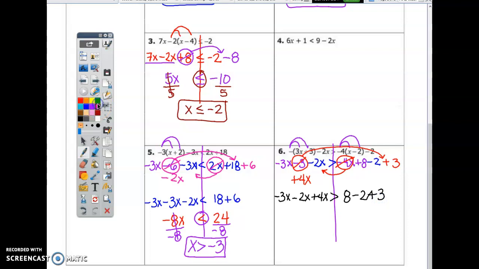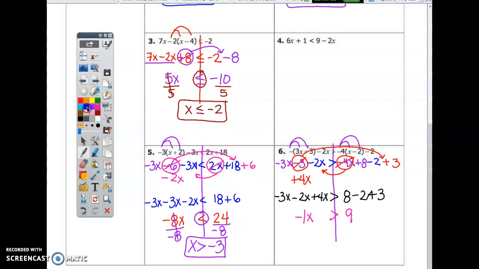So combine like terms, things that look alike. So what's -3 minus 2 plus 4? How much? -1? -1x. Bring down the greater than. And then what's 8 minus 2 plus 3? +9.